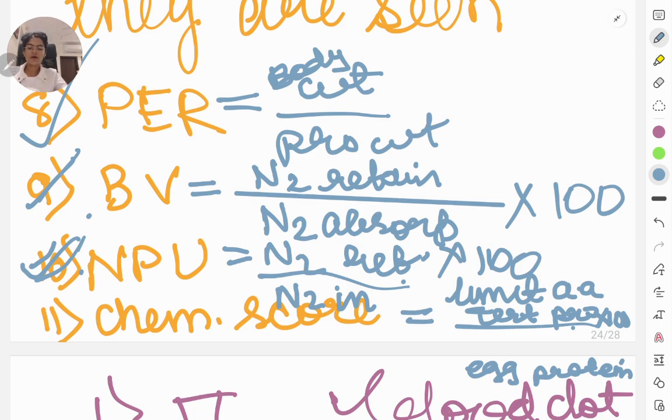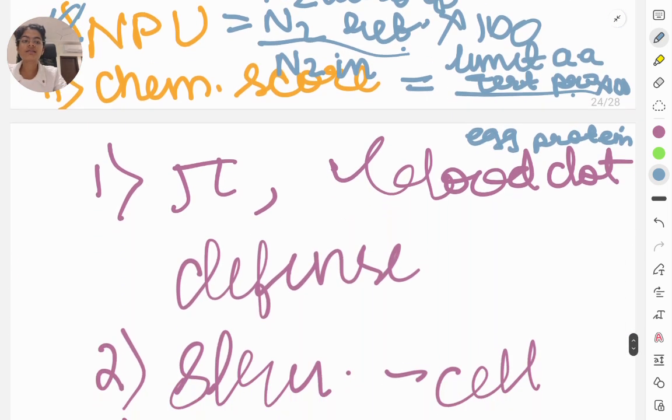Now let's find out what is the mutual supplementation of protein. Always there is not that all of the amino acids are present. Sometimes they are absent, so we have to balance it. Let's see how it is.